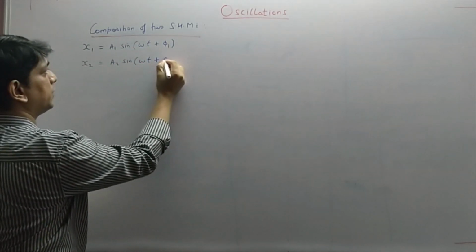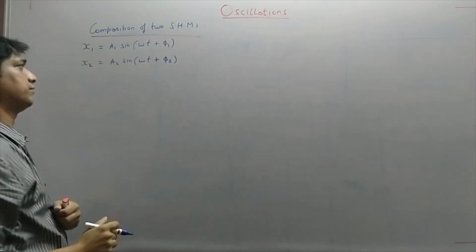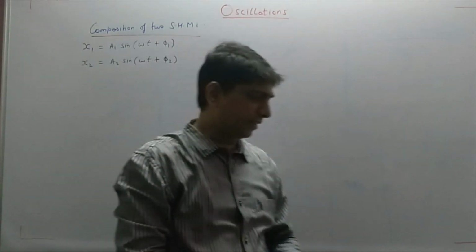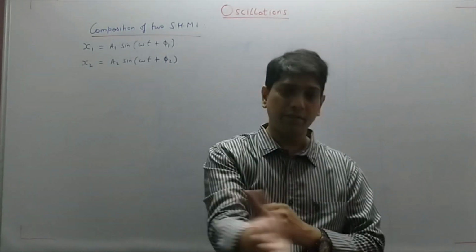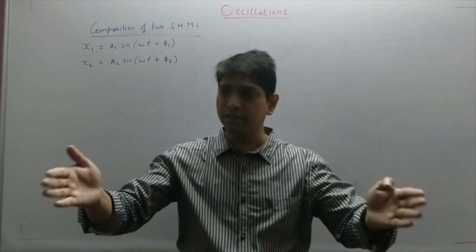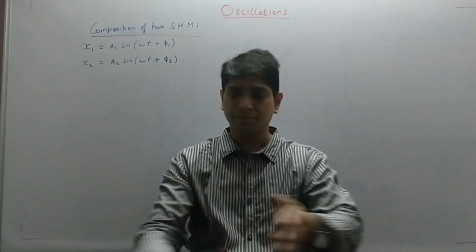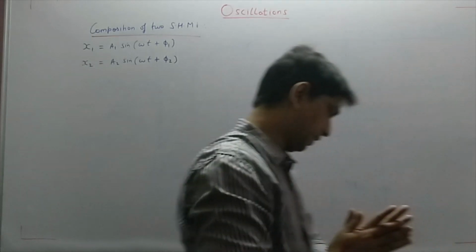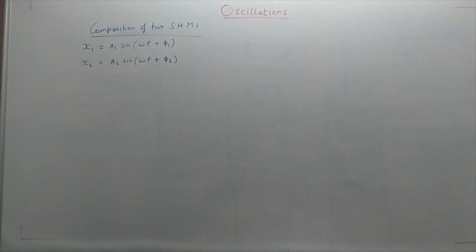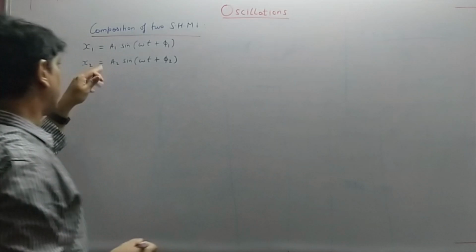Phi 2 is the starting phase of the second particle. The particle can start from this side also, and the third particle will start oscillating. The particle can also be on the opposite side, and the third particle will start oscillating with some amplitude. So we have x1 and x2.